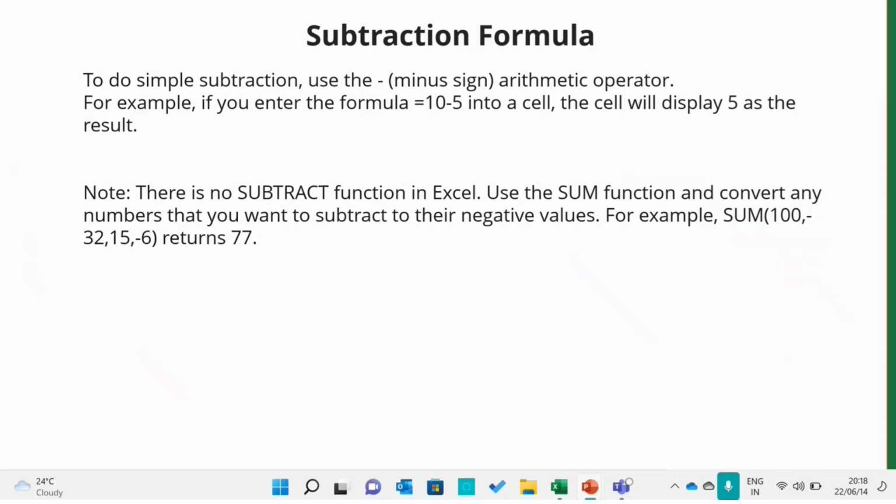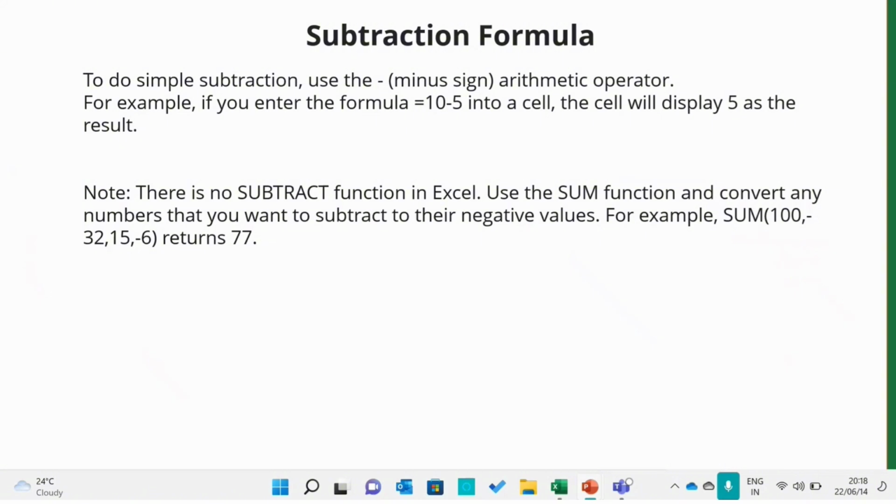Now, when you're doing simple subtraction, you don't have to put in any formula. What you have to do is put equals to, put the number, then do a minus, and then put the other number there. And you will get the whole result. Now, because there is no subtraction, right, you can convert any number that you want to subtract to its negative value, right?